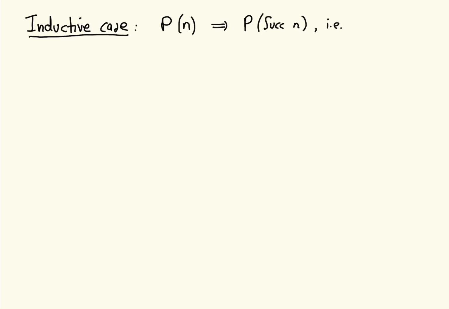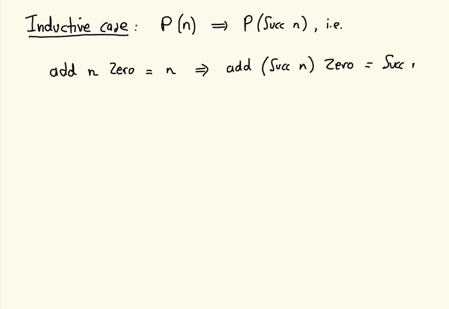P of n means precisely that add of n and 0 is n. That's exactly what P of n means. So just expanding out P of n is exactly this. Then I can expand out P of successor of n, and that simply means, so write down the implies, that if you add the successor of n to 0, then you're going to get successor of n.